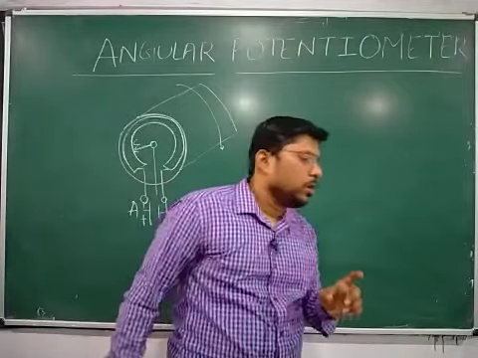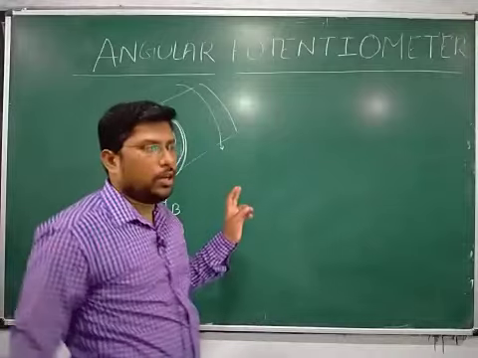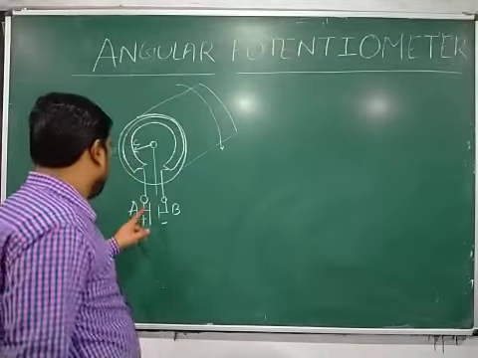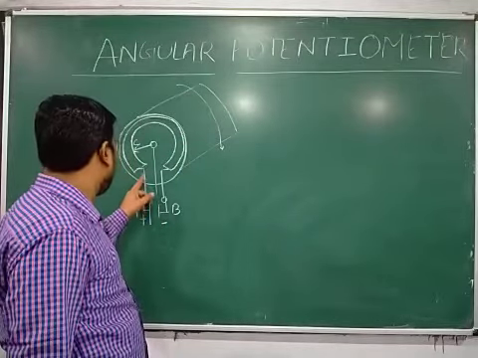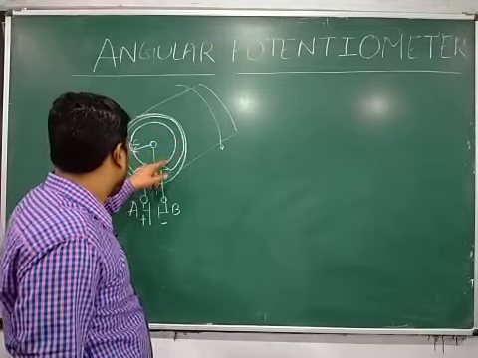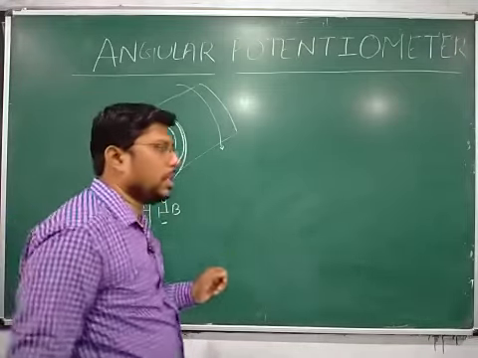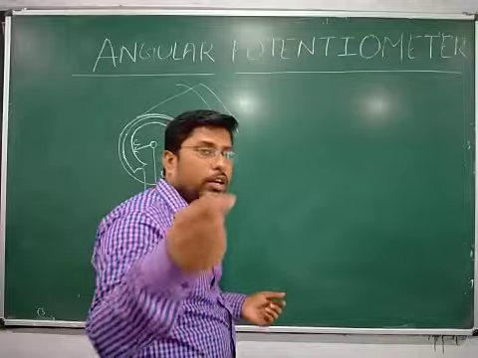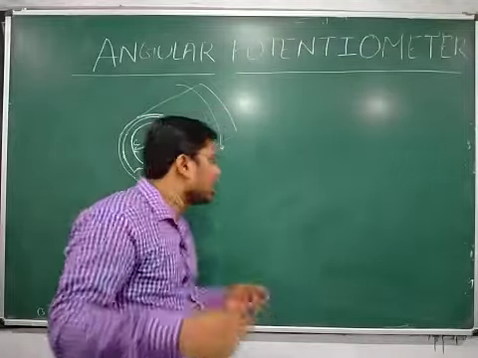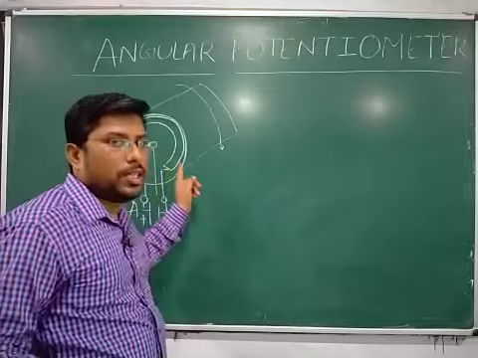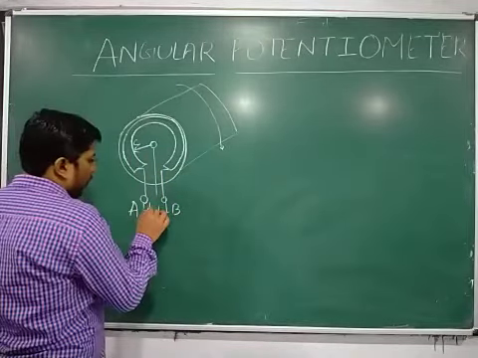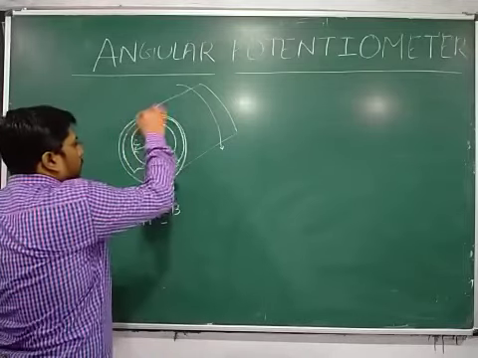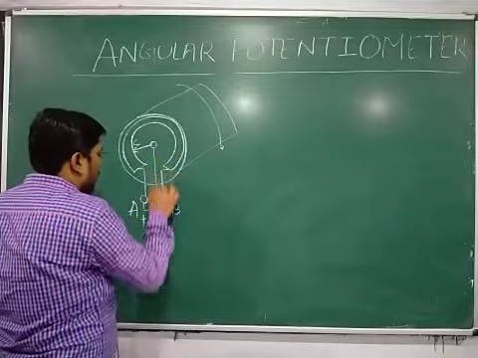Initially, suppose the slider is not touched or not in use. Then the current will flow from the positive terminal, go through this resistive wire and come back to point B. Means there will be a potential difference only across terminals A and B. When you introduce the slider or wiper at any point C, the current will start flowing from the positive terminal to point C and will not cover this path; it will come back from there.